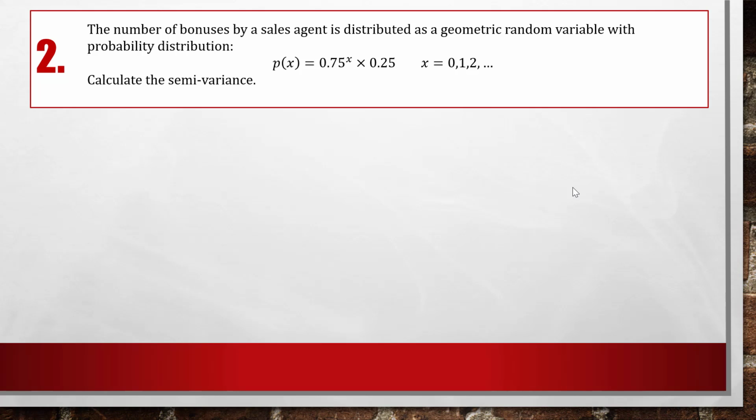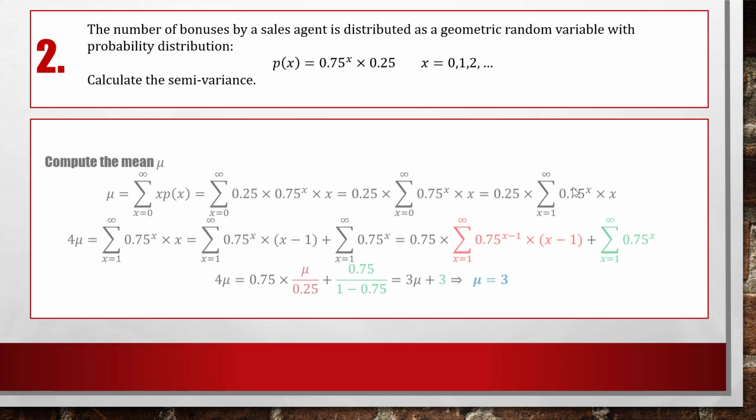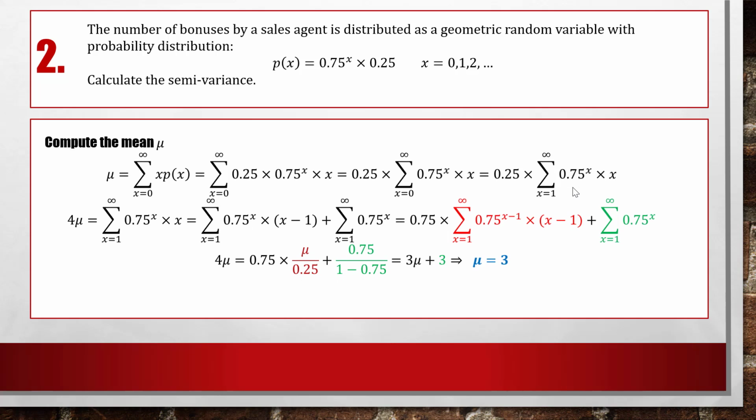Here the question asks for the semi-variance. Of course, before you find the semi-variance, you have to find the mean. But how do you find the mean for discrete random variables with infinite values of x? We are going to use some tricks for summation.